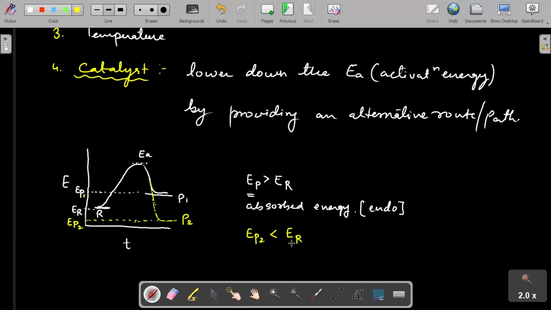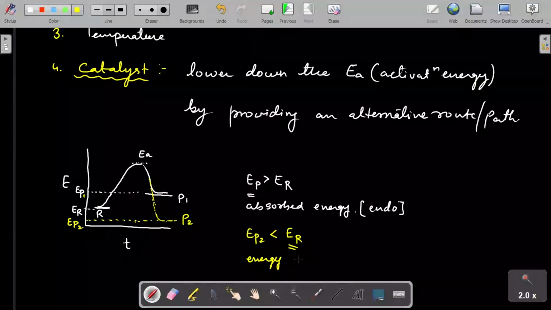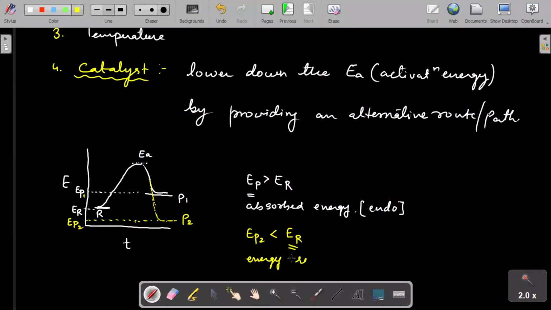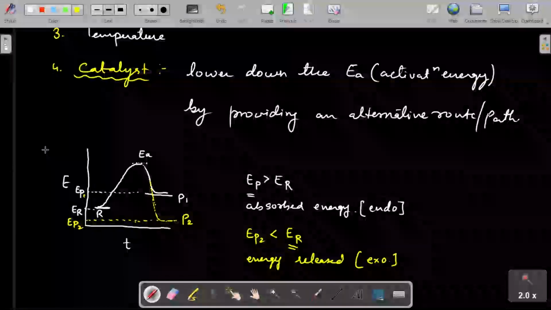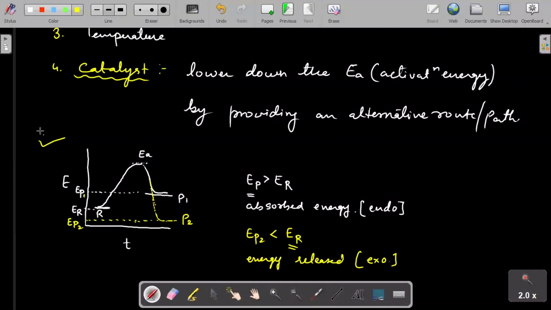That means the energy of reactants is higher than the product. So here energy is released. The excess energy which the reactants were having is released into the surroundings by the product. Product has less energy. Energy is released, so this type of reaction is called an exothermic reaction. This is one graph question which has been asked in the board.